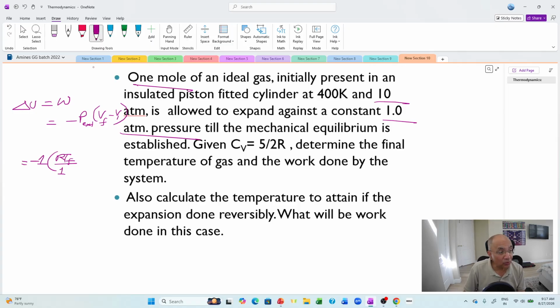The final temperature we are going to find. The final pressure is given as 1 atmosphere. And the number of moles is 1, minus V initial, nRT by P. So n is 1, R is R, and this T is given 400, by the final pressure, given as 1 atmosphere.